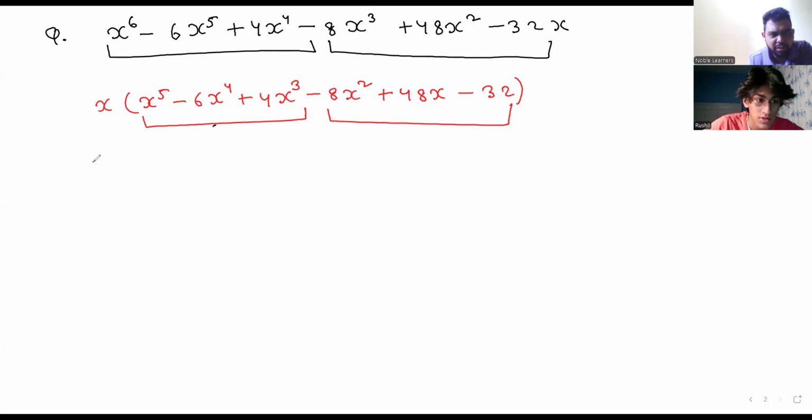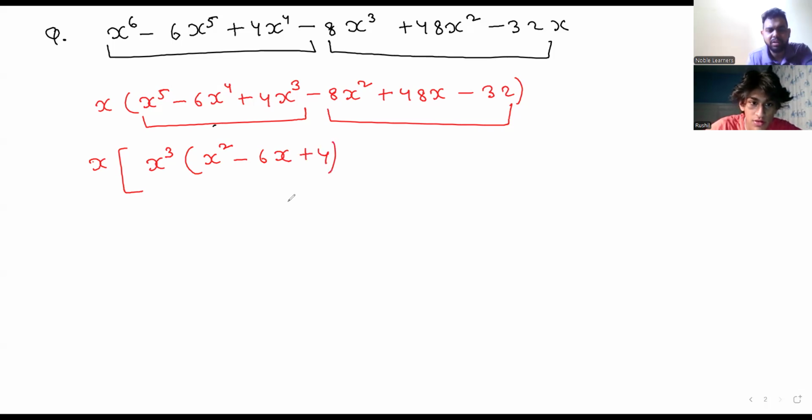And now you have to take this and this. So here you will take x cubed out. So then it is x squared minus 6x plus 4. And then you are going to take minus 8 out, and that is going to become x squared minus 6x plus 4, right?